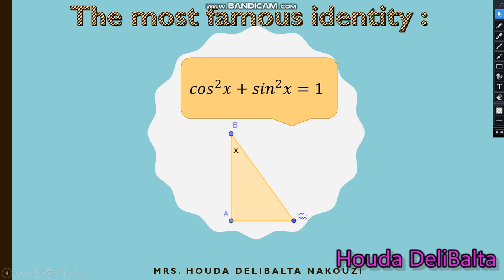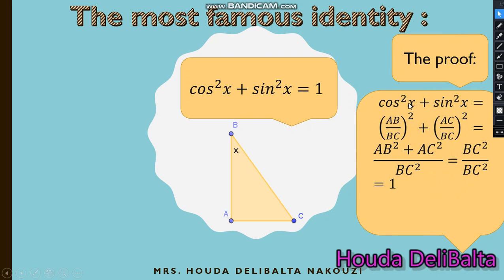Now we are going to use these rules in order to prove this important identity. And here is the proof. If you evaluate, as I told you, cosine x by AB over BC, the adjacent over the hypotenuse, and sine x by the opposite over the hypotenuse, which is AC over BC, and then because you have a square here, you should put a square here and a square here, because you have cosine squared plus sine squared.